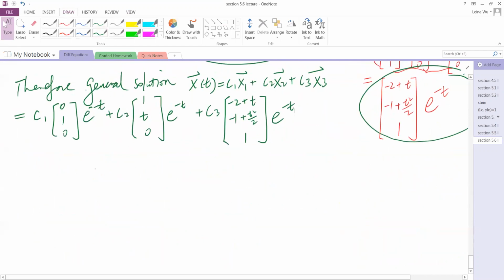You can add them together, okay? Of course, you can leave the e to the negative t on the outside. Let's just add the first component all together, because e to the negative t can be factored out, right? So I'm getting 0 plus c2 plus c3 times this.